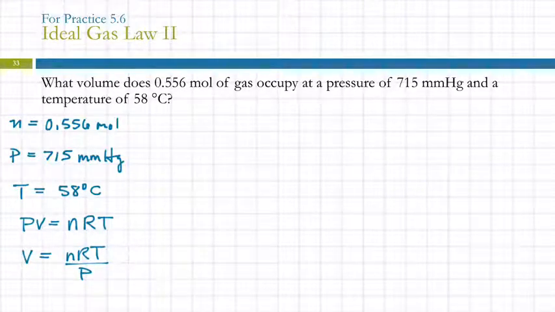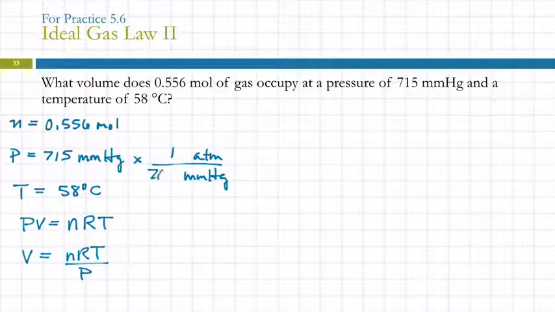Before we plug these numbers into the equation, let's make sure the units are okay. Is millimeters of mercury going to work with the ideal gas constant? No. It needs to be in atmospheres. So I need to convert that. So millimeters of mercury on the bottom, atmospheres on the top. Pressure conversions are always one step. This is one you should remember. 1 atmosphere is 760 millimeters of mercury.